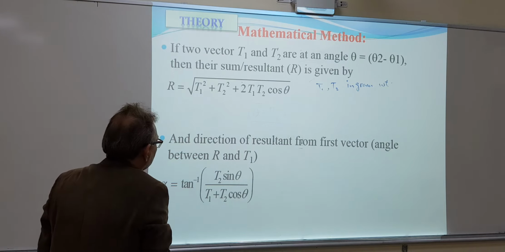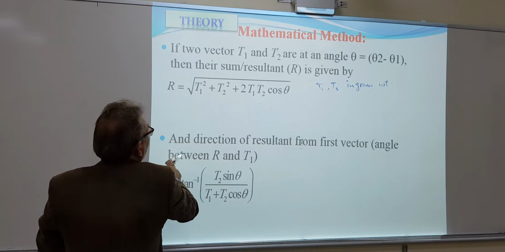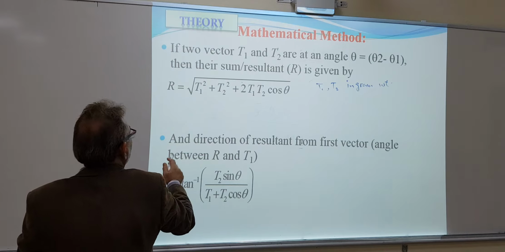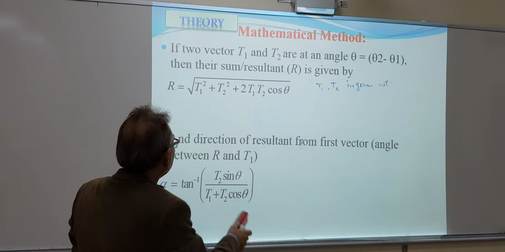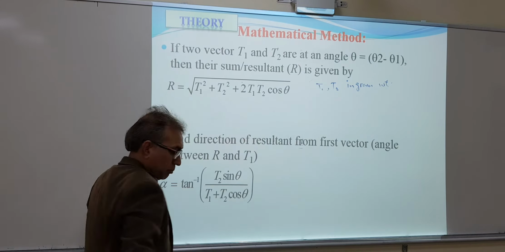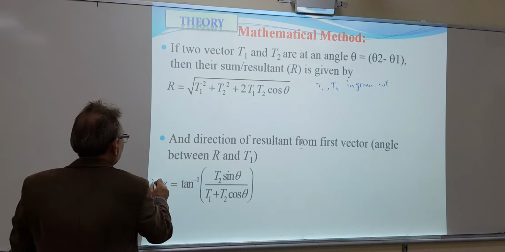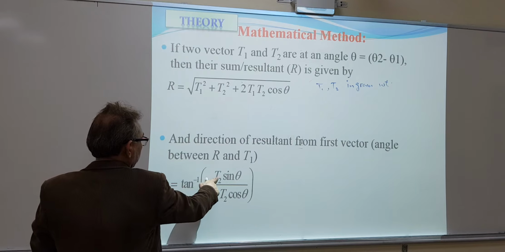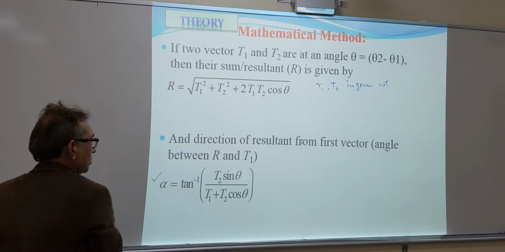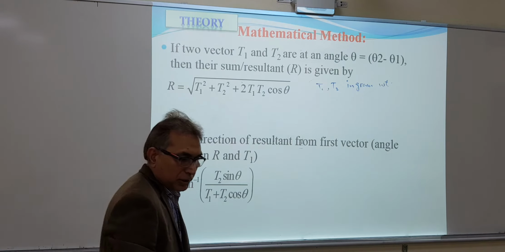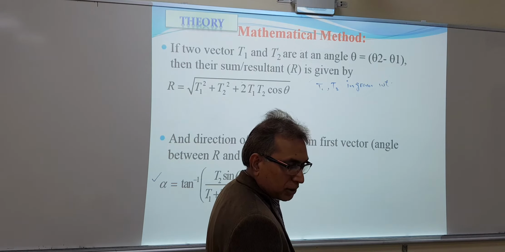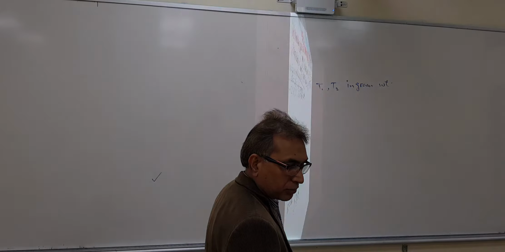I will show you shortly. Then you have to find alpha. Alpha first, as I told you in the last slide, you measure by the degree scale, and here you calculate mathematically: alpha equals tan inverse of T2 sine theta over T1 plus T2 cosine theta. So you use these rules to prove it with a different method.